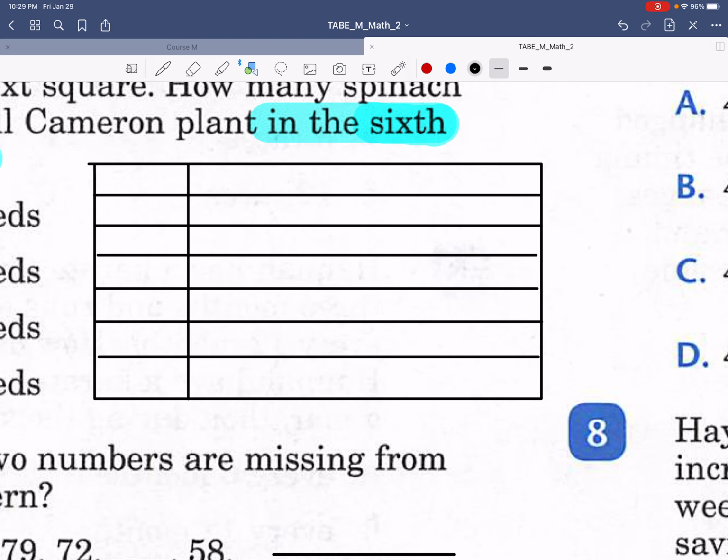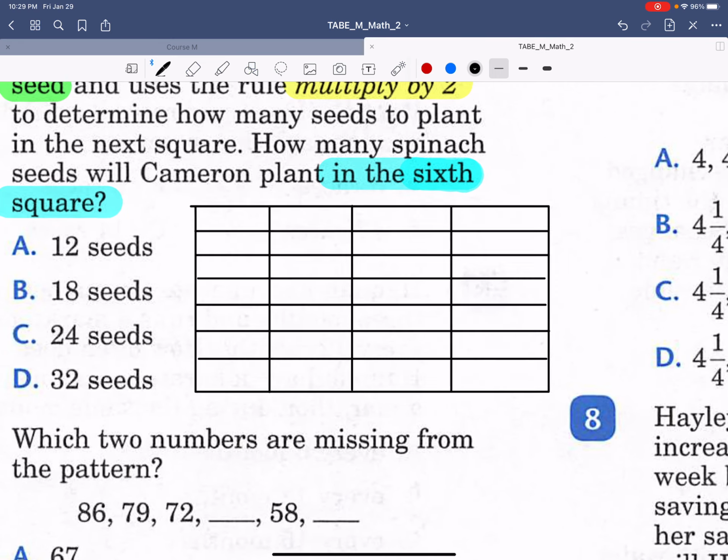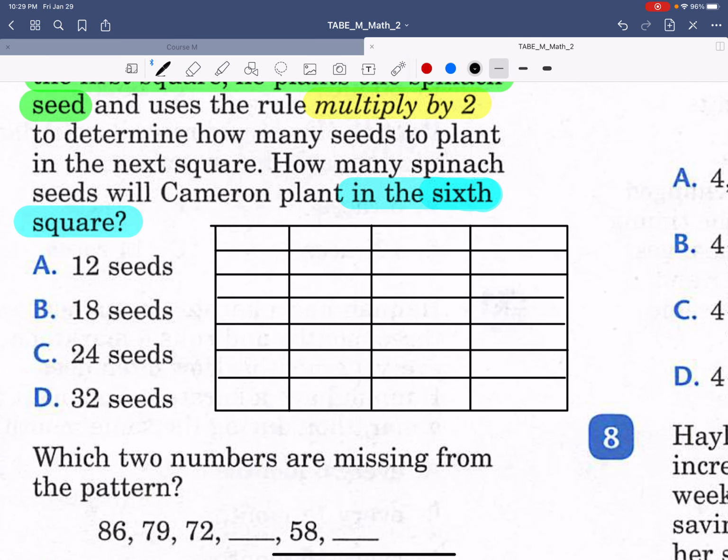And I'll show you why. So here we have an extra column. Because this is a story problem, I'm going to add this extra column and I'm going to call it the squares. And instead of using numbers, I'm going to use words. I don't want these numbers getting mixed up in my problem. And it tells me in the blue there that we're supposed to go down to the 6th square.